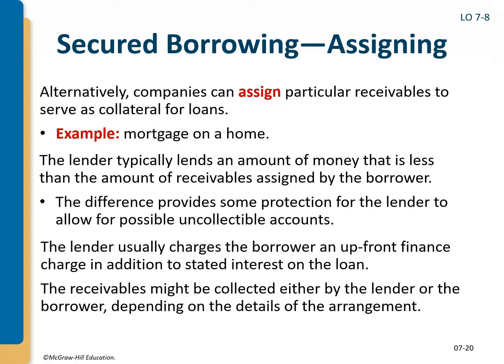Alternatively, companies can assign particular receivables to serve as collateral for loans, like a mortgage on a home. The lender typically lends an amount that is less than the amount of the receivables assigned by the borrower. The difference provides protection for the lender, just like when you borrow money for a home or a car.